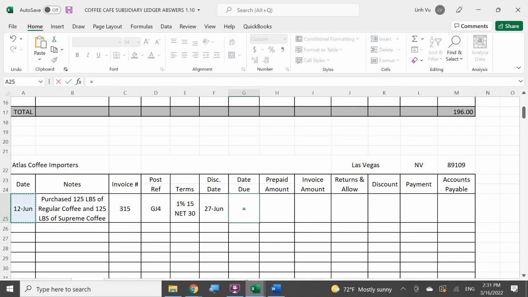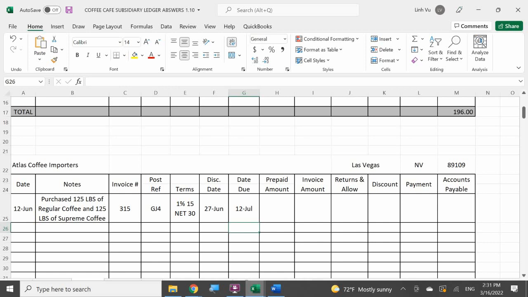If not, when is this bill actually due? Yep, July 12th, okay? Because June only has 30 days. Okay? So that's that right there.